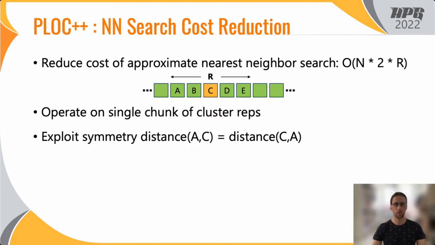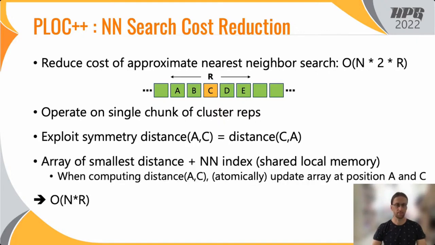In particular, we try to avoid redundant operations. To illustrate these redundant operations, just look at this example. When we start at position A and scan to the right, we compute distance A and C, but we are doing exactly the same when we start at C and scan to the left to compute distance C and A.